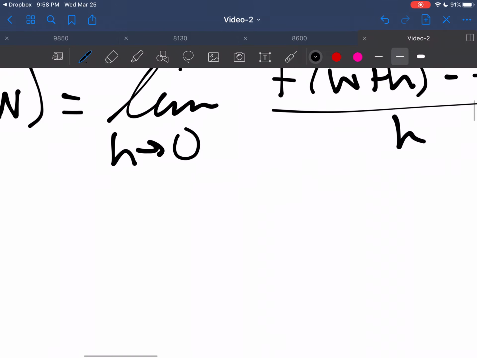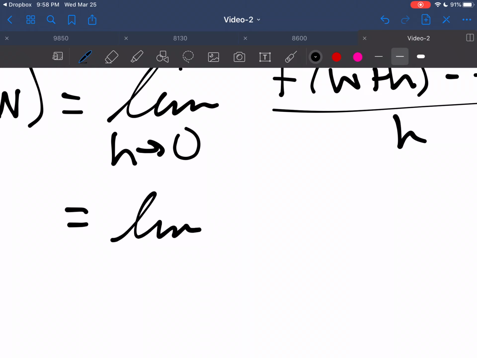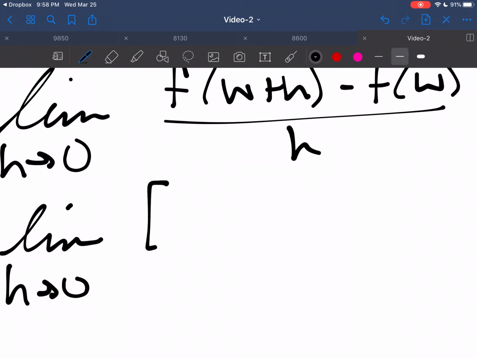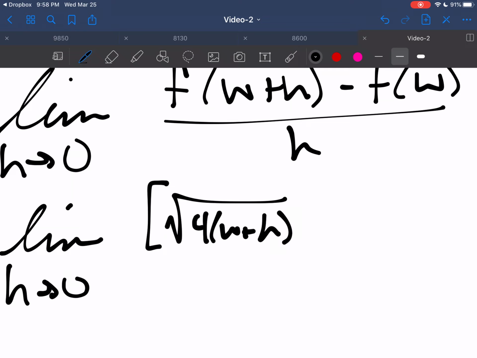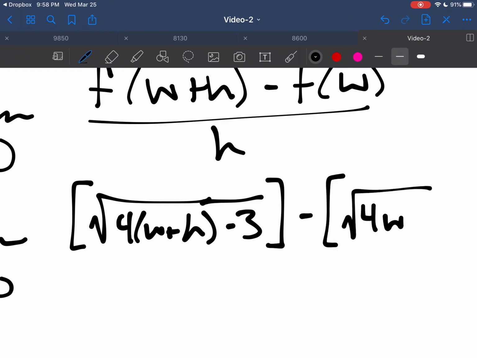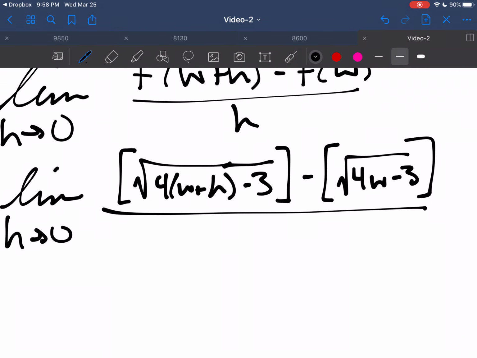And that is equal to the limit as h approaches 0 of square root of 4 times w plus h minus 3 minus square root of 4w minus 3 all divided by h.